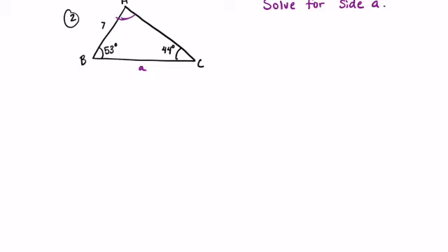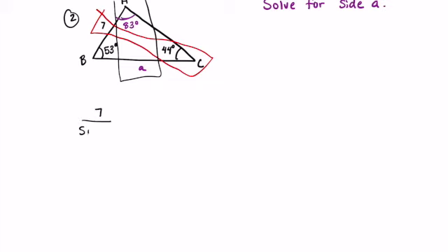That gives us the measurement of angle A being 83 degrees. Now I can pick the ratio that I have, and then I want to find side a. So I'm going to say 7 over the sine of 44 equals a over the sine of 83.